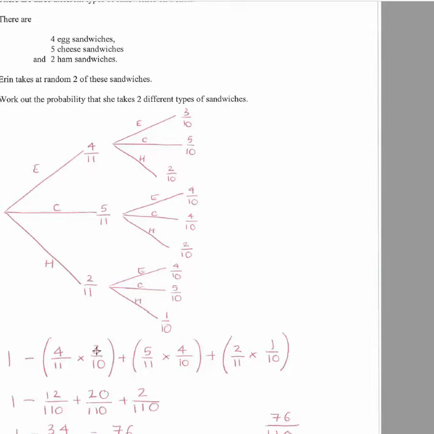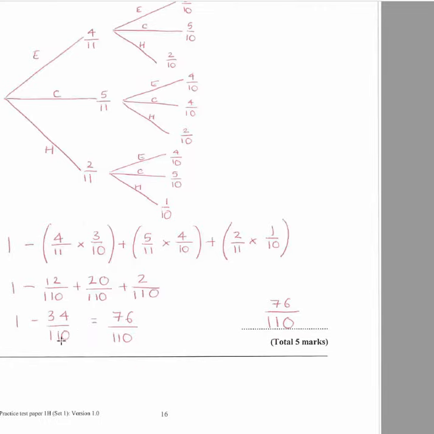This gives me 12 over 110. This gives me 20 over 110. And this gives me 2 over 110. And this should actually be in a big bracket. Okay, this 34 over 110 is made from these being added together. And this is the probability that they are the same. So if you take it away from 1, then you get 76 over 110 that they're different.